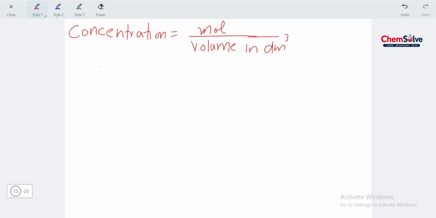So we can state it as C is equal to N over V as well. And the unit of C is mole over dm³. This is the simple formula. Okay, so let's move to the question again.